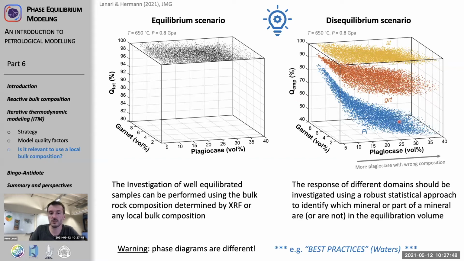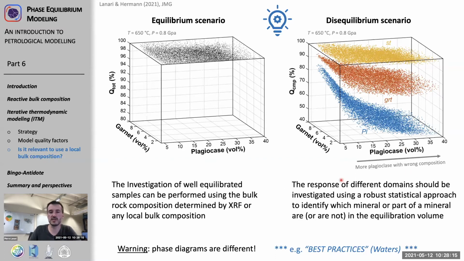Now, if you change the composition of the plagioclase in the model, because you introduce this plagioclase with the wrong composition in your bulk constraint, then you will affect the garnet, because there is calcium partitioning between plagioclase and garnet. And if you affect the garnet, you will affect the iron magnesium partitioning between garnet and staurolite. So the model quality factor of both garnet and staurolite will be lower than 100%.